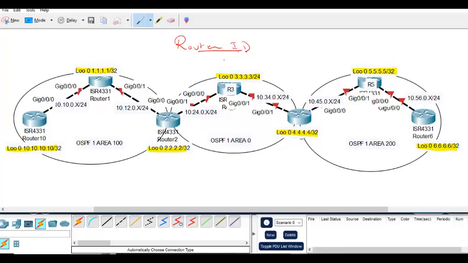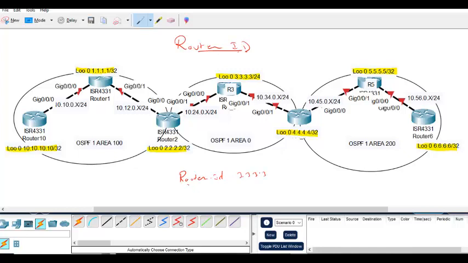Now, this router ID can be assigned in 3 ways. Number 1, we can use the command router-id and say 3.3.3.3.